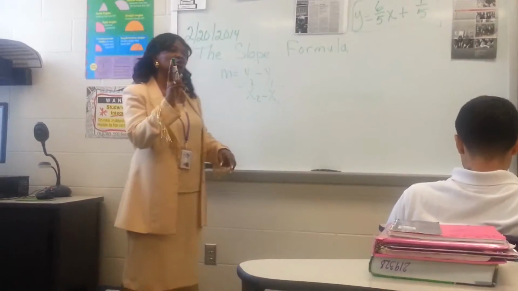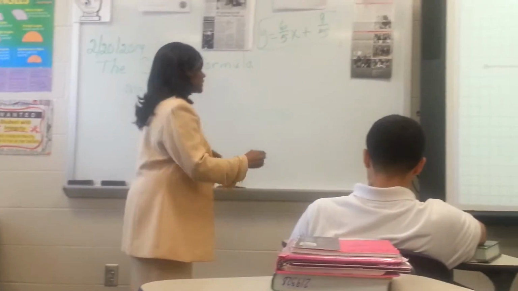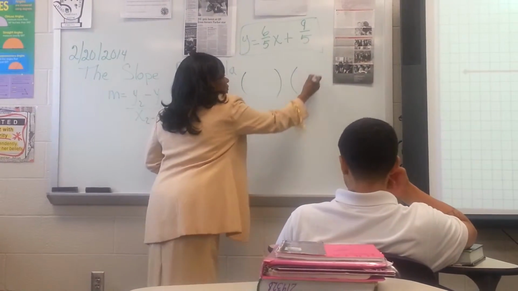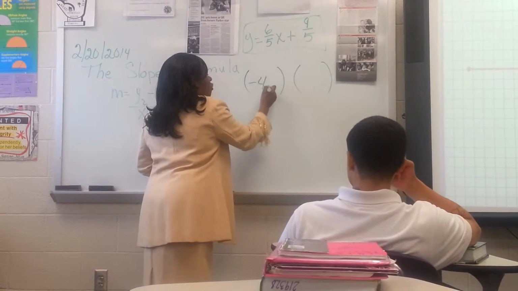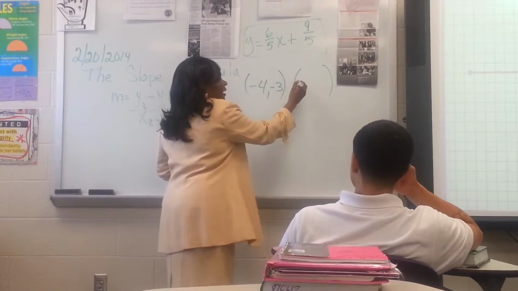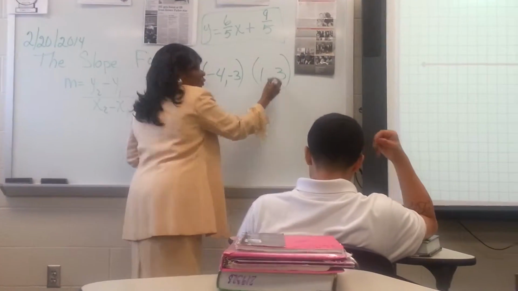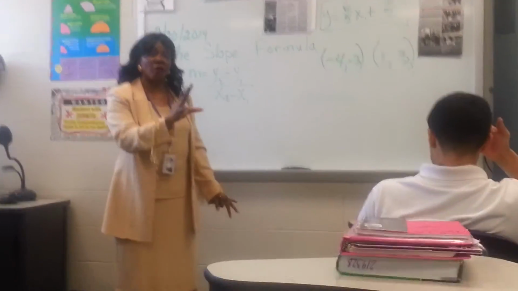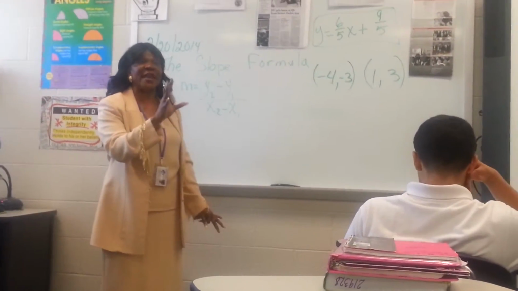Then we took two sets of ordered pairs, and Mr. Abrion, give me that ordered pair that we want to work with. Negative 4, comma, negative 3. 1, comma 3. Okay, 1, comma 3. Now, I got the ordered pair on the board, but there's another step that I need to do.